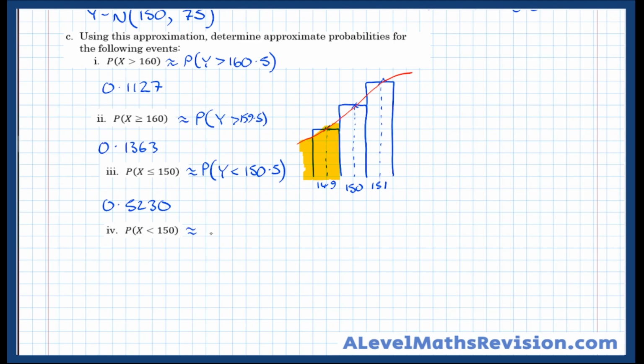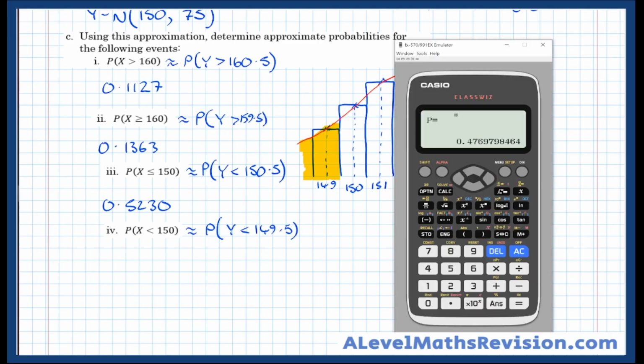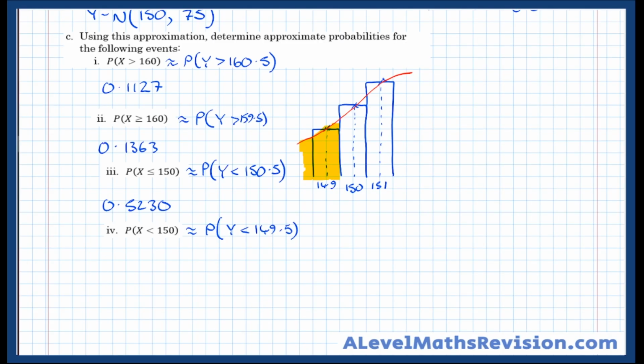So that was approximately equal to the probability that our normal approximation is less than 149.5. And reminding myself of the answer, it was 0.4770. And we keep going.